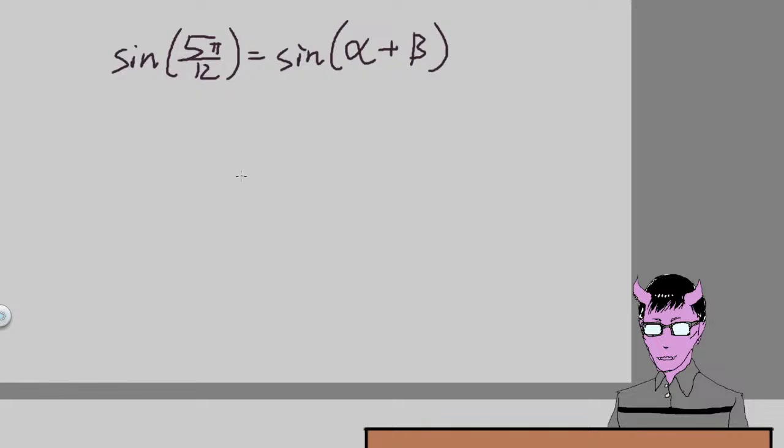So next time up, we're going to be working with problems like this, where you start off in the expanded form. So something like sine of pi over 12 times cosine 5 pi over 12, and then something like minus cosine pi over 12 and sine 5 pi over 12.